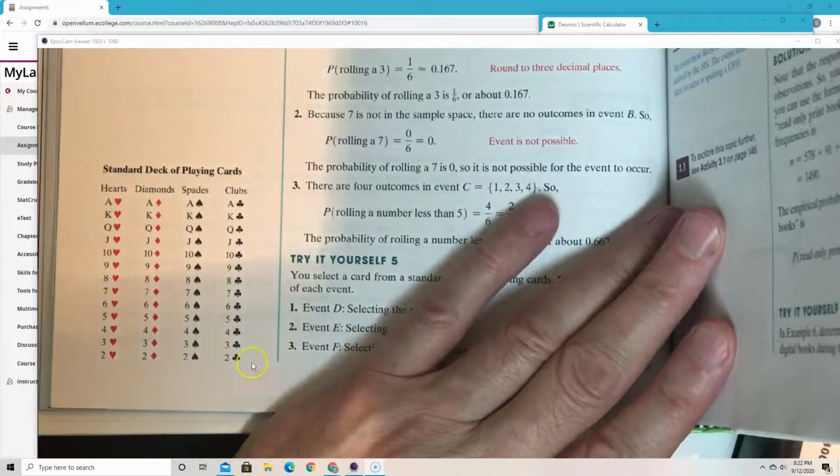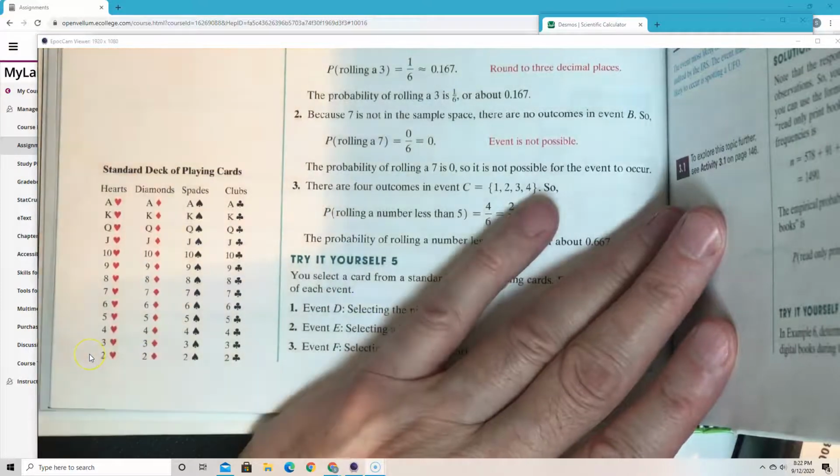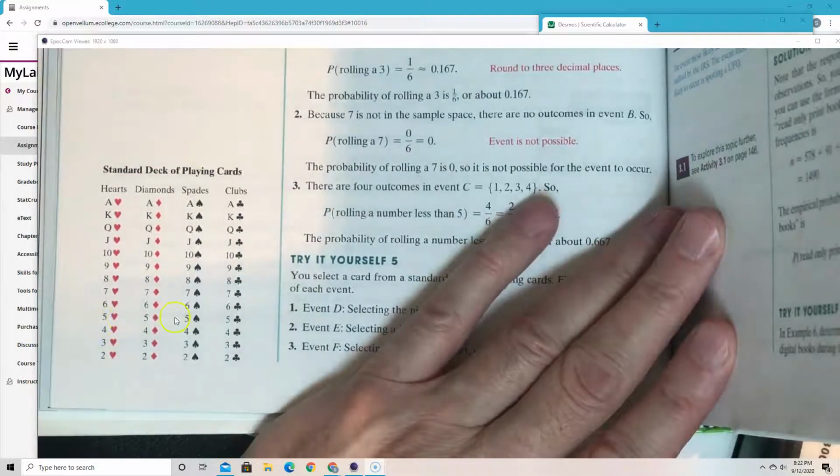So then we'll say, okay, the probability the first card is an 8 is 4 chances out of 52, 4 over 52, times the probability that the second card will be a 5. There's 4 5s, so there's 4 chances.